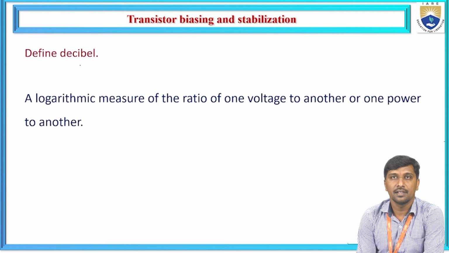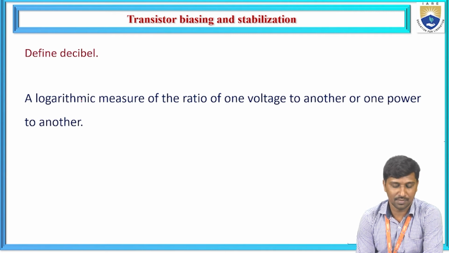Now define decibel. In most amplifier cases, we measure the gain factor in terms of decibels. It is a logarithmic measure of the ratio of one voltage to another or one power to another. That is nothing but the decibel.